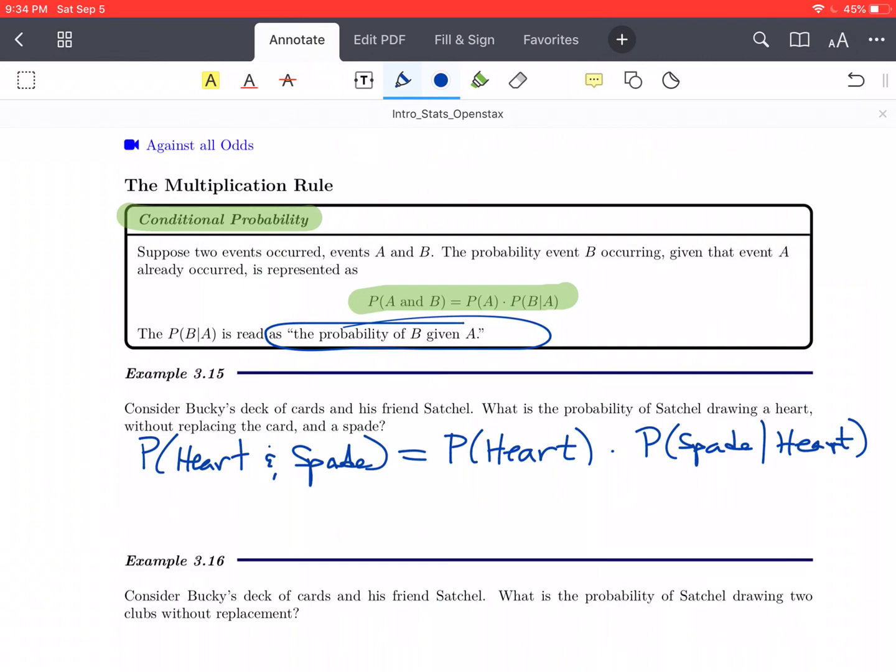I'll say that one more time. This is the probability of him drawing a heart times the probability of him drawing a spade given that he already drew a heart.